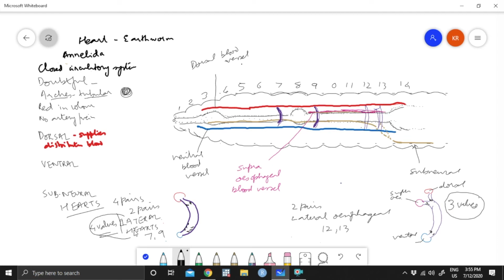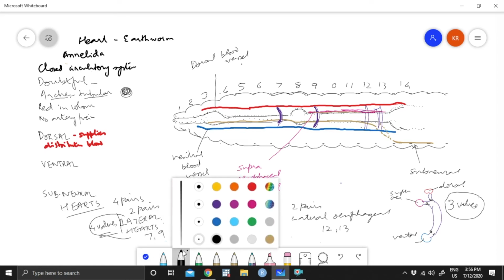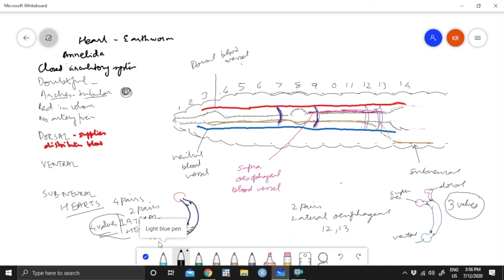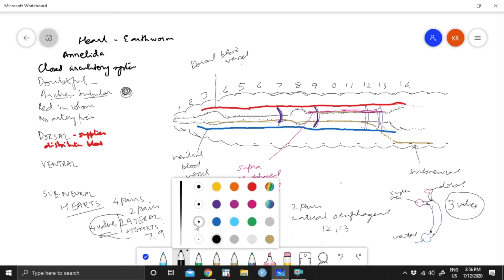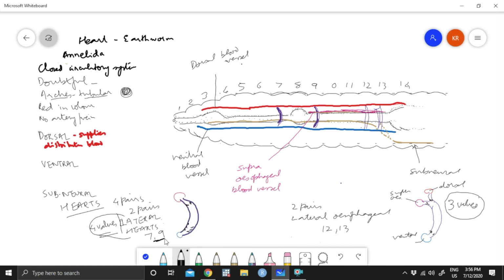So let us revise this hearts of earthworm. Hearts of earthworm, there are 4 pairs. Which segments? Segment number 7 and 9 and segment number 12 and 13.